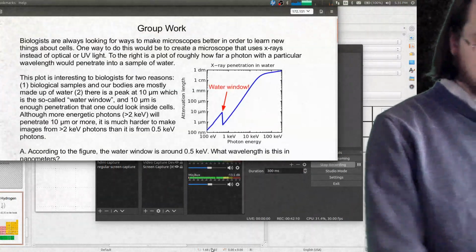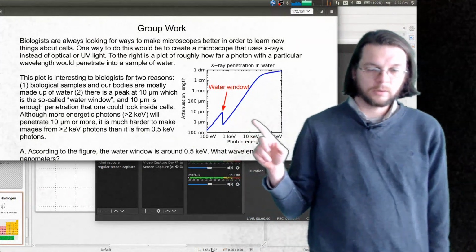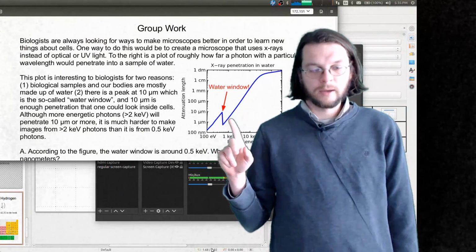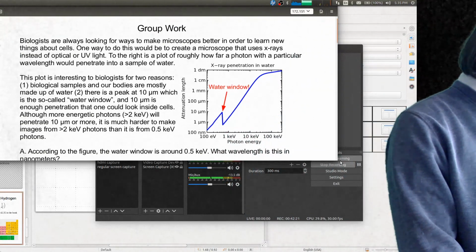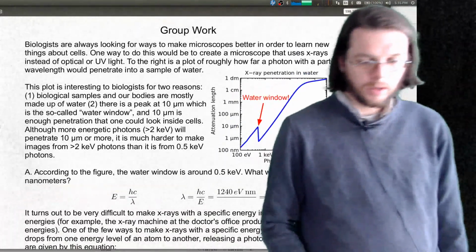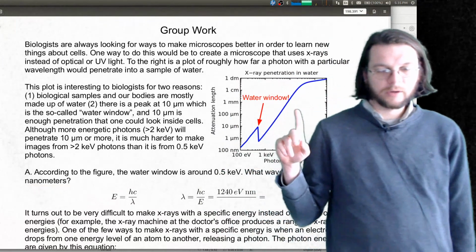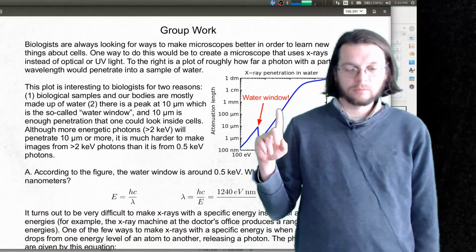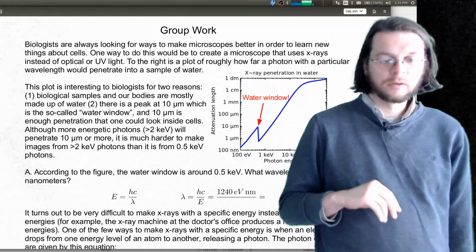So here we go. This worksheet has to do with what's called the water window. Overall, water is transparent to optical light, and with high enough energy X-rays, electromagnetic radiation can penetrate pretty well.